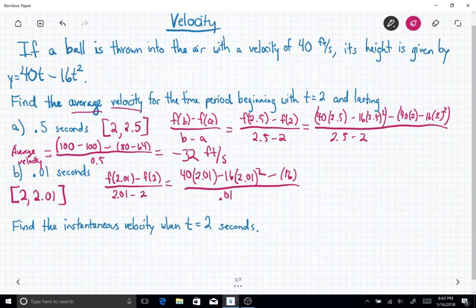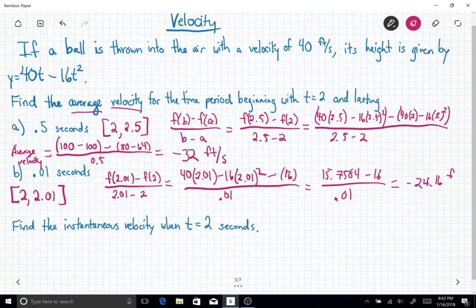So that should equal 15.7584. And then we want to subtract off 16 and divide by 0.01. So minus 16 and divided by 0.01.